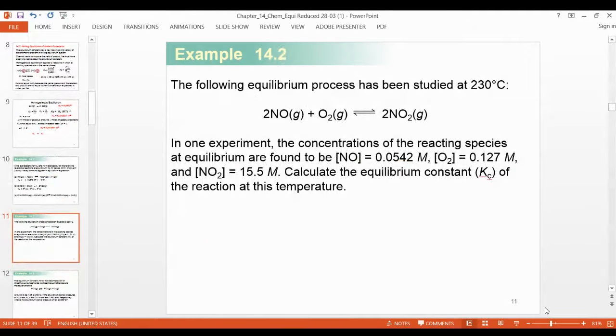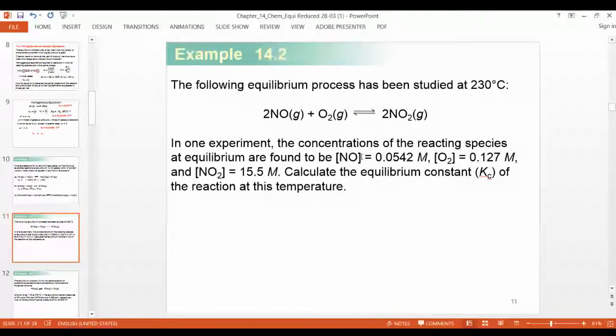All right. Now the same equation, and this is the example. The following equilibrium process has been studied at 230 degrees Celsius. In one experiment, the concentrations of the species at equilibrium are found to be, see the big bracket here.